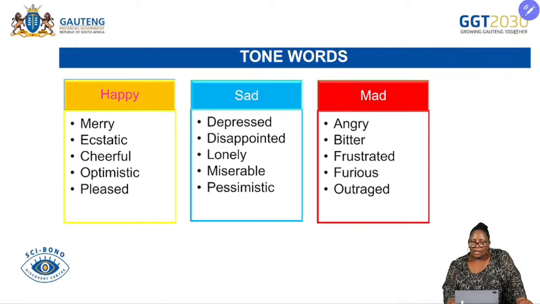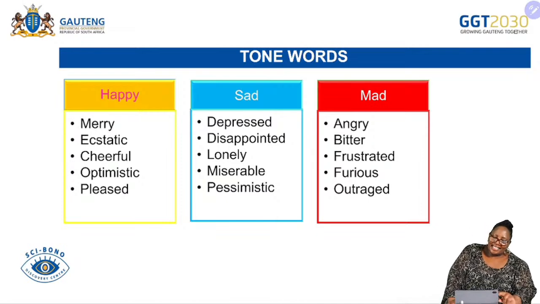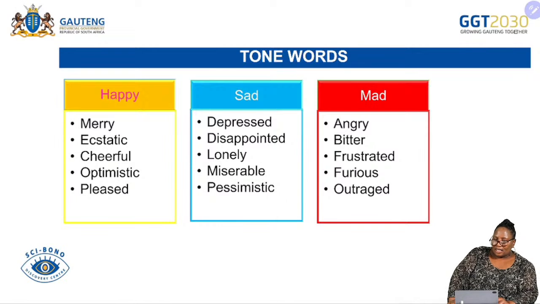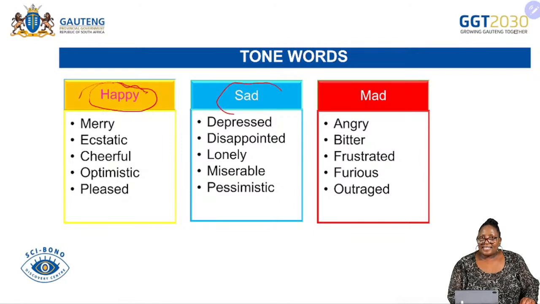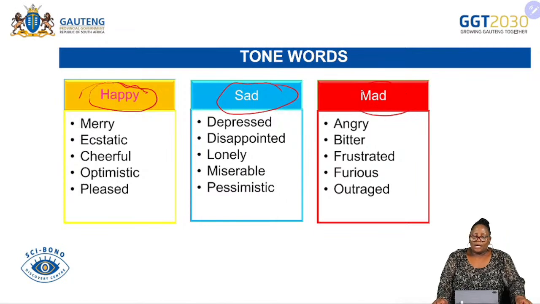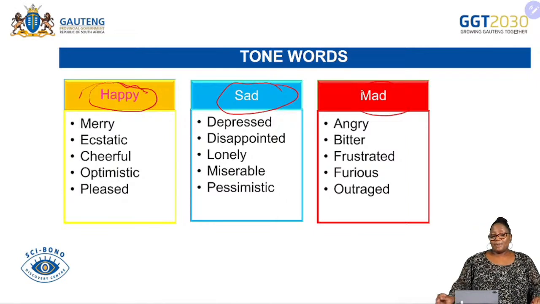Okay. We have various words that indicate to us change, or rather tone, I'm sorry. We are all familiar with happy, people that are happy, people that are sad, people that are mad. But we should also note that when a person is happy, they might as well be what?